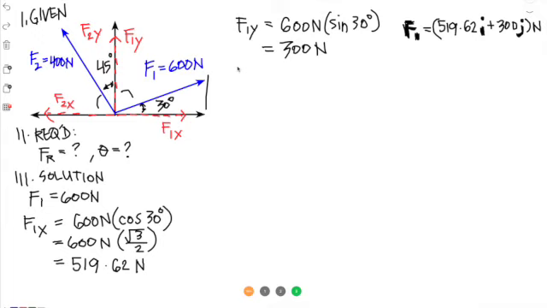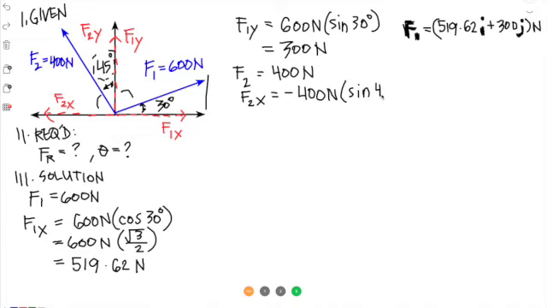Now let's go to force 2, which is 400 newtons. We are looking for F2x. In the x direction, this is clearly negative. So that's negative 400 newtons multiplied by, in this case the given angle is here, this one, and it's 45 degrees. So F2x happens to be opposite that, so that would be sine of 45.